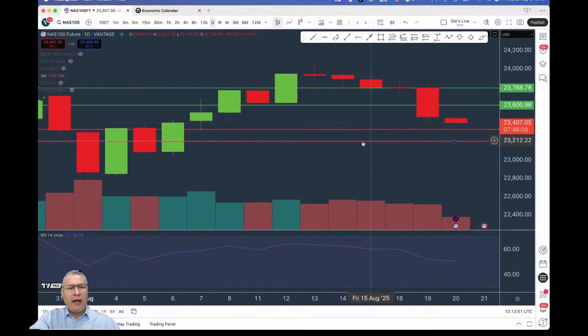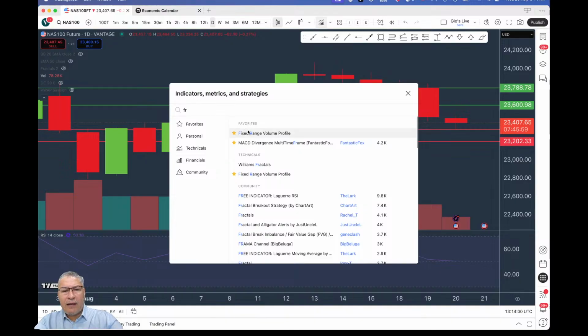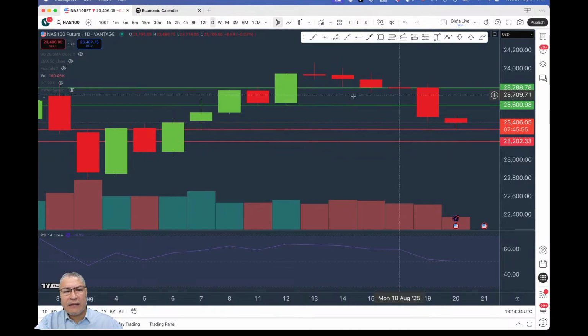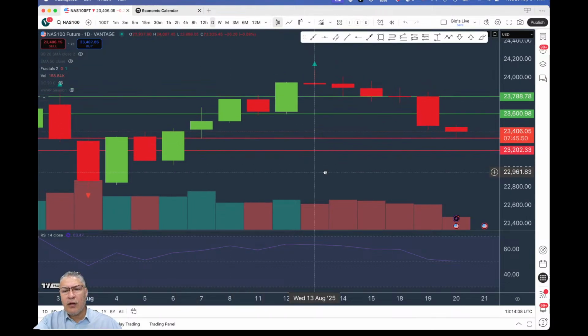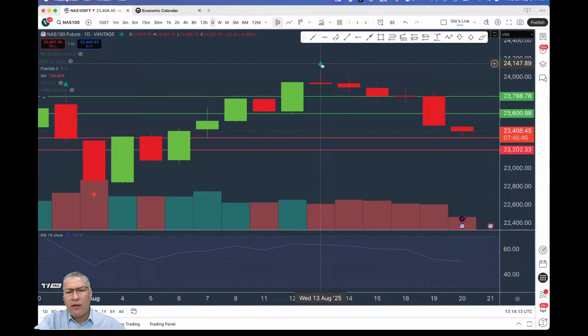Okay, so let's apply the fractals. You just go to your indicator, use fractals, and there they are, Williams fractals. Just select it, and I already have it here, so I'll turn it on. Here we have the fractal.